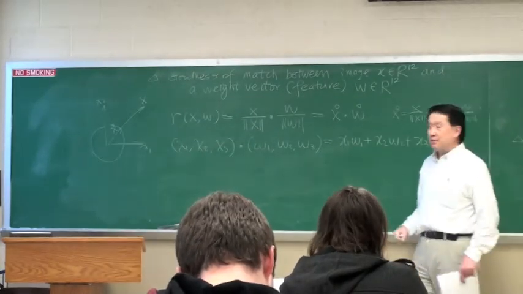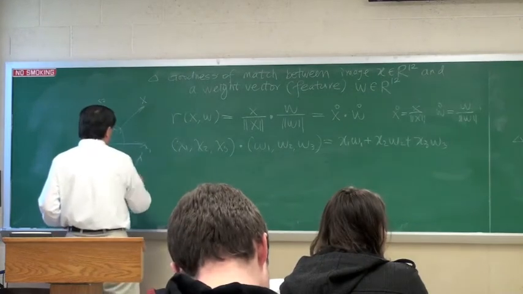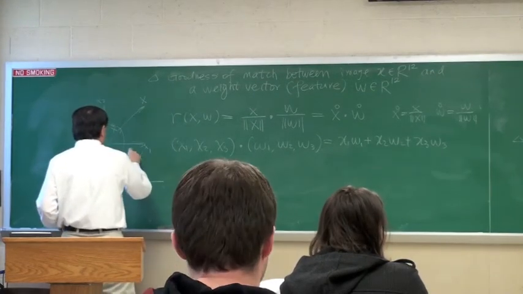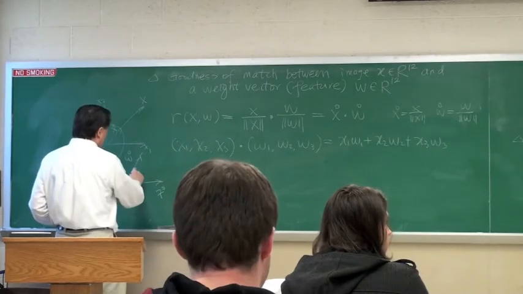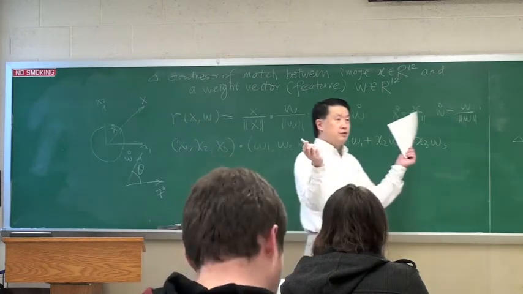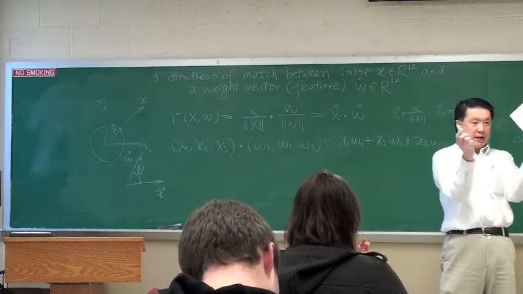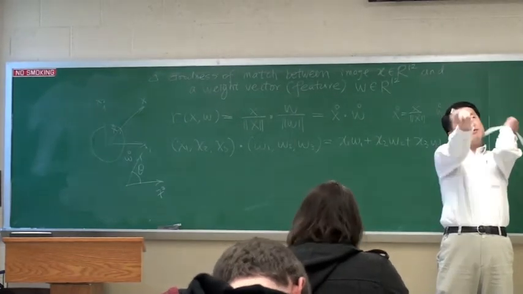And I'll give you the meaning of what that means. If I have a W and I have an x hat, and there is an angle between these two, and those are unit vectors, then if they match very well, the angle becomes 0. If you match badly, then the angle becomes very big.